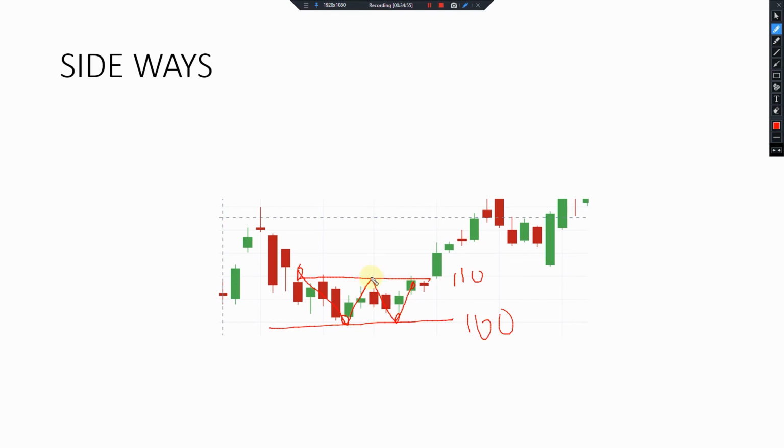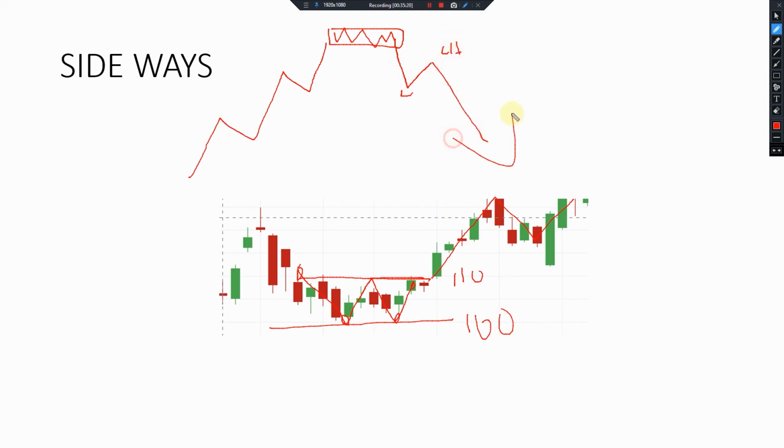And when a breakout happens from this range, it gives another move. So in a market, whenever there is an uptrend, there will be a time of sideways. And once the price breaks this side and makes a low and then a lower high, then it's called a down phase, or a bearish market.